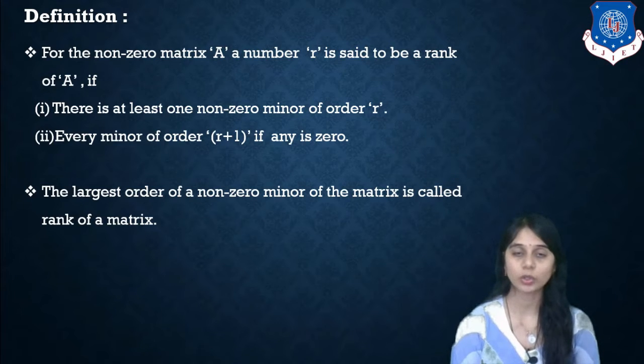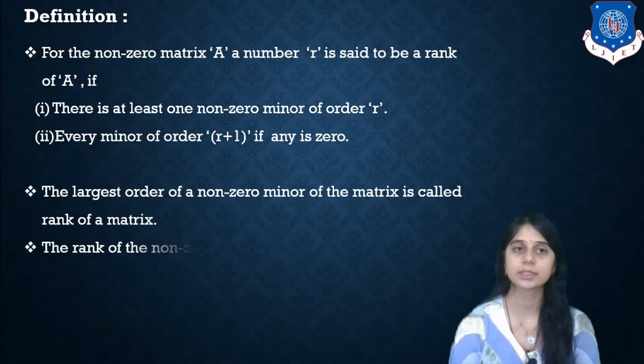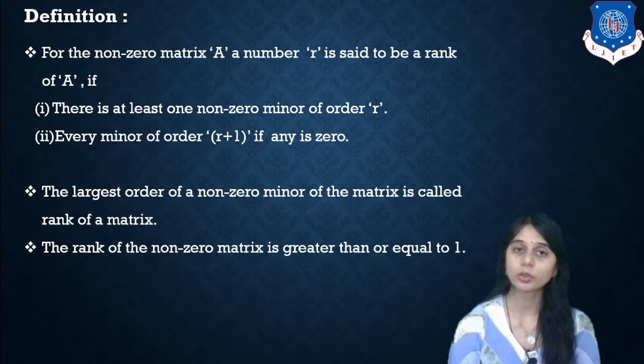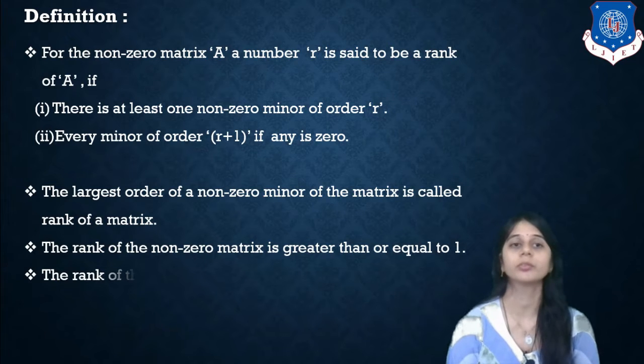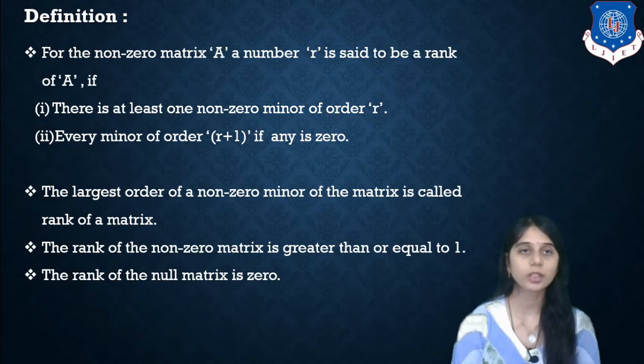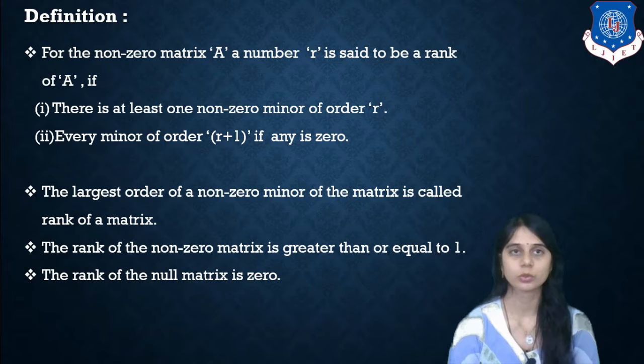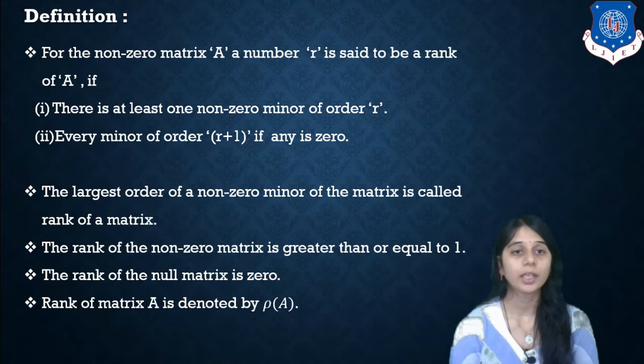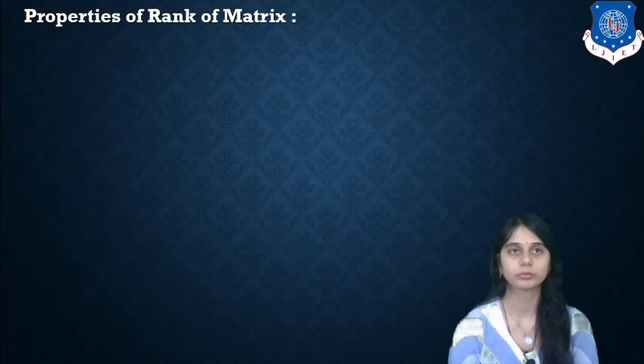The largest order of non-zero minor of the matrix is called the rank of the matrix. The rank of a non-zero matrix is greater than or equal to 1 and the rank of the null matrix is 0. Okay. Rank of matrix A is denoted by ρ(A).